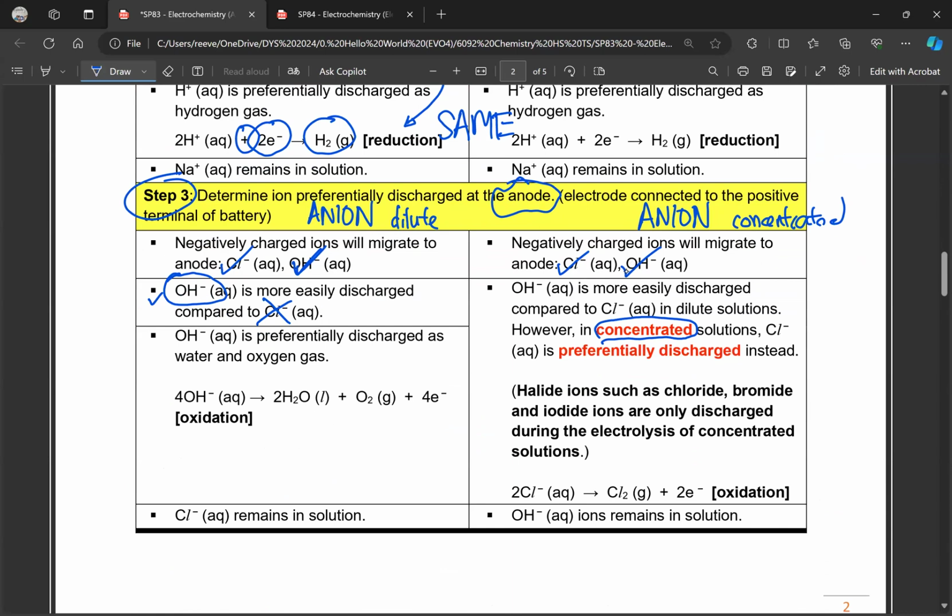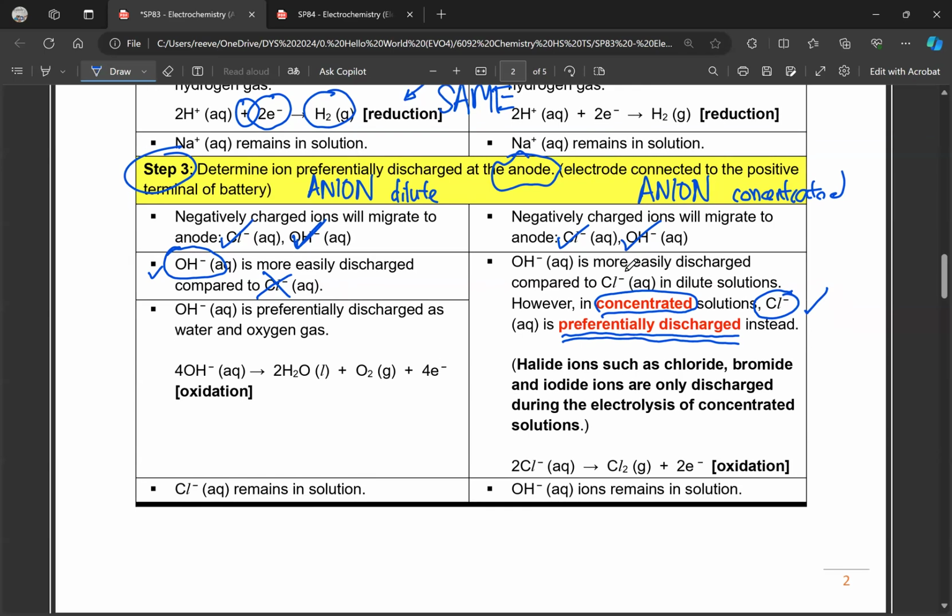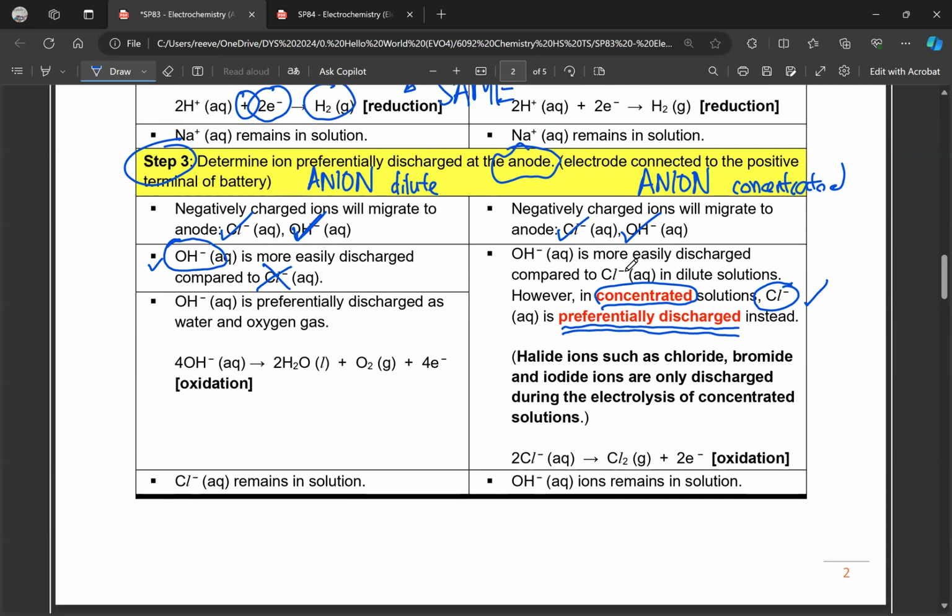They will prefer to discharge Cl-. Any questions so far? The very important words are in red. In concentrated solution, there are a lot of Cl-, so you will discharge the Cl- instead. This one unfortunately you need to memorize.